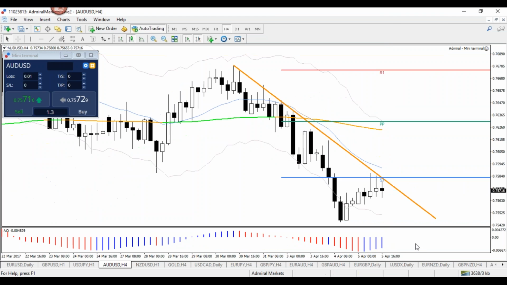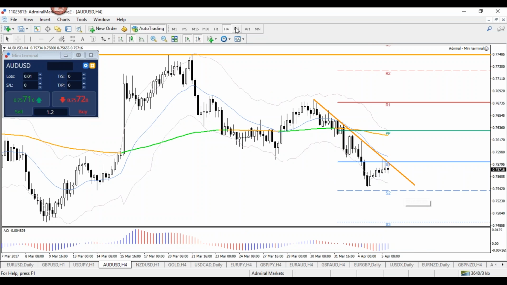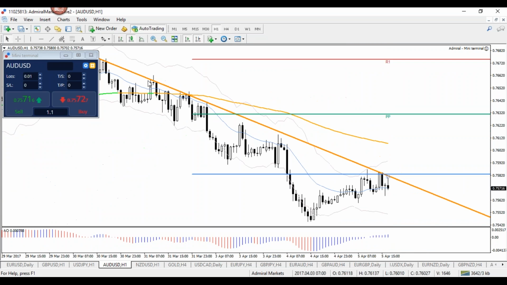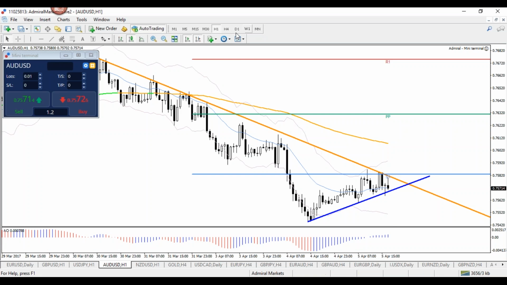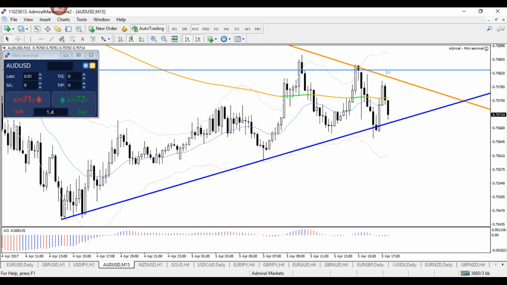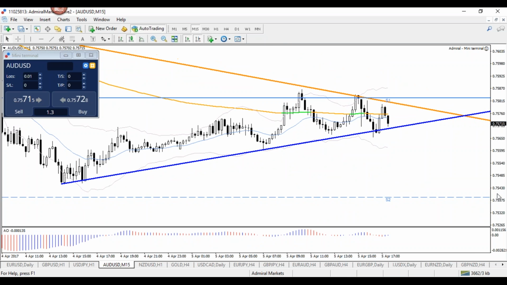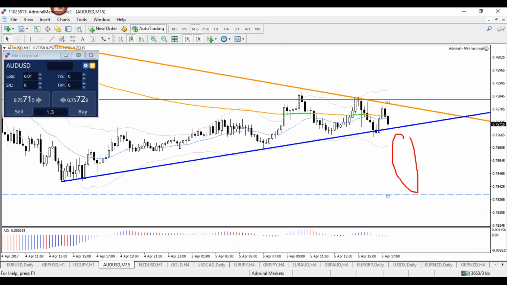Now, price could still get down to that S2. And the other alternative is that price doesn't break above resistance, but in fact breaks below the support level. So a breakout here, for instance, could be a zone where price makes an attempt to the downside. This is attempt number 2.